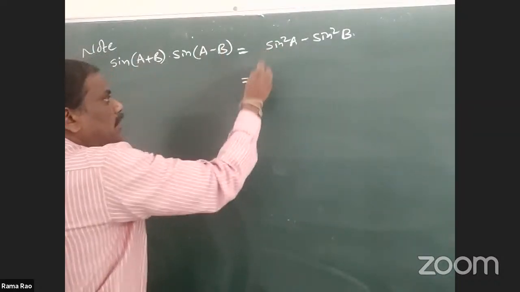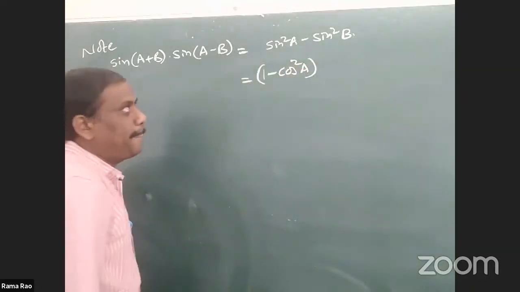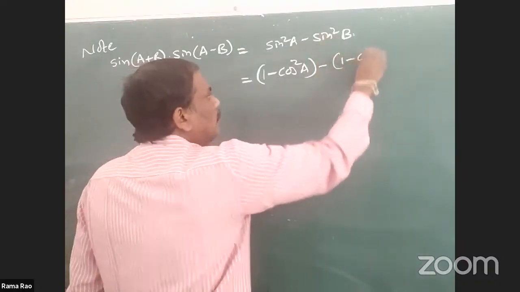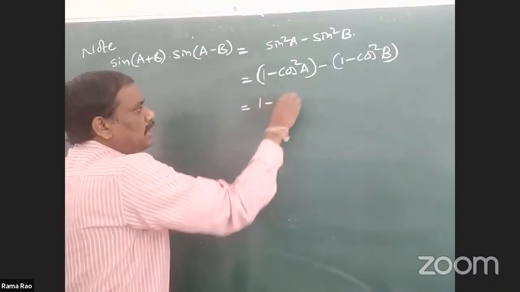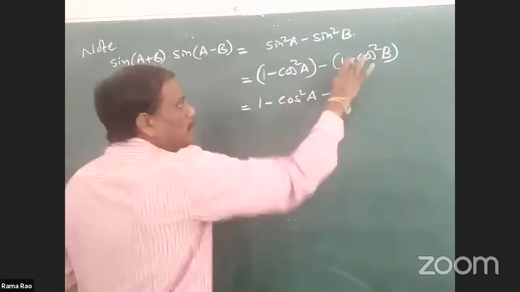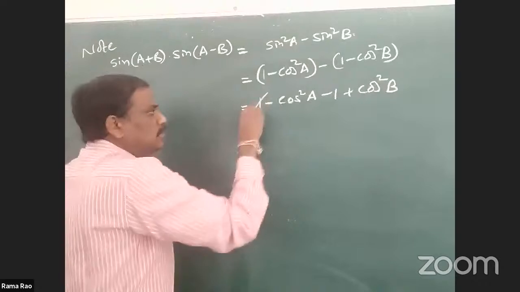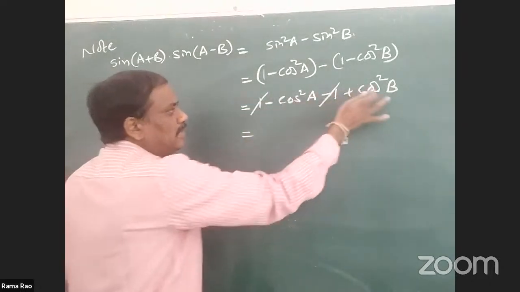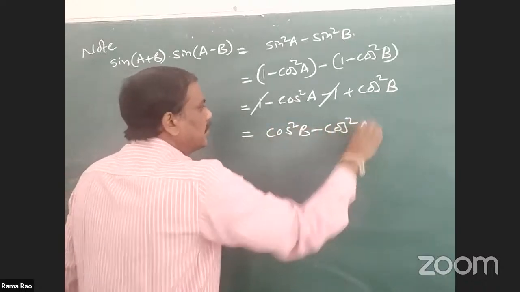It can be written as sin square a equal to 1 minus cos square a, minus sin square b means 1 minus cos square b. So 1 minus cos square a minus 1 plus cos square b; minus 1 plus 1 get cancelled. Minus cos square a plus cos square b, cos square b minus cos square a.